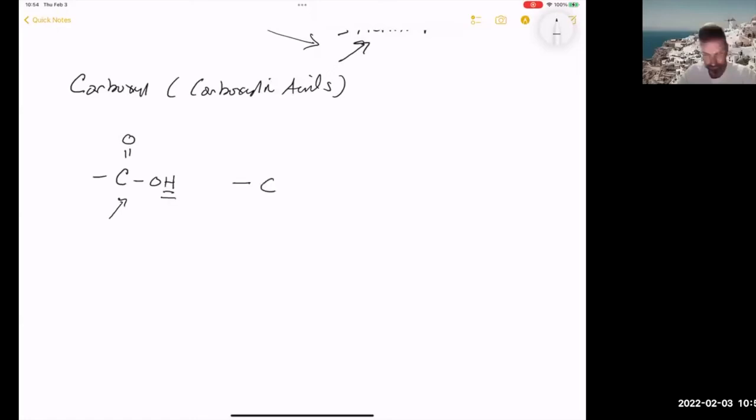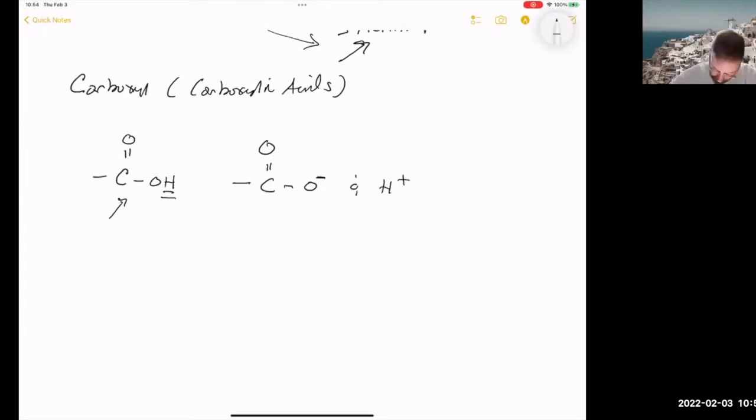So when this gets dissolved in water, you get something like this. The hydrogen ion, the proton, pops off. So that's what makes it an acid. It's called a carboxyl group, one of the most common organic acids that you're running into.